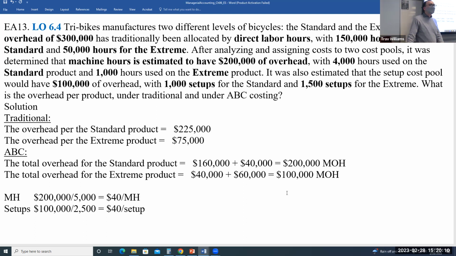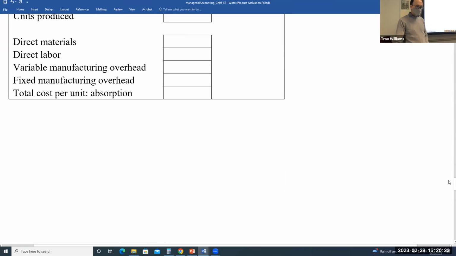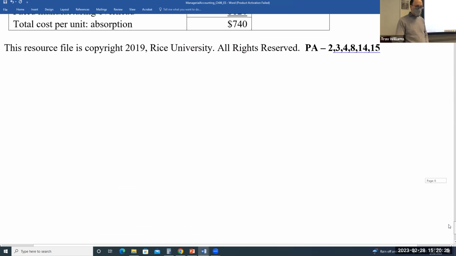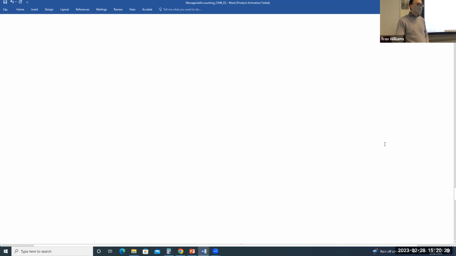Speaking of time, we've got enough time to do our final exercise. So any questions on this one before we move on? Okay. So we will do exercise 14. When we come back on Thursday, we have 6 problems to do.